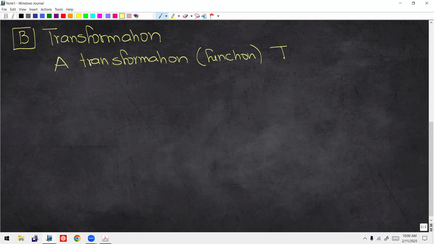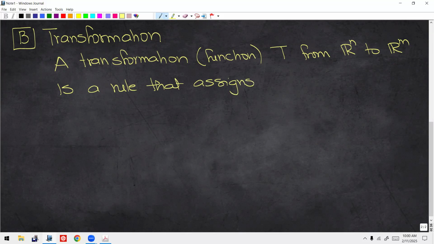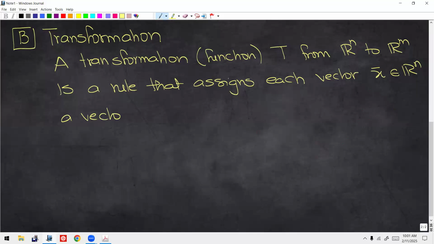T, from Rn, so it's going to take all the vectors in Rn that have n components, to Rm, and it's going to assign a vector in Rm which has m components, is a rule that assigns each vector x in Rn a vector T of x.